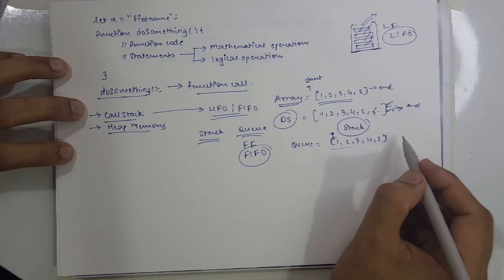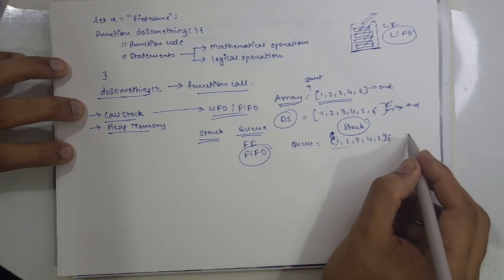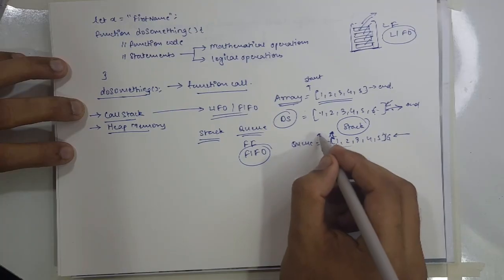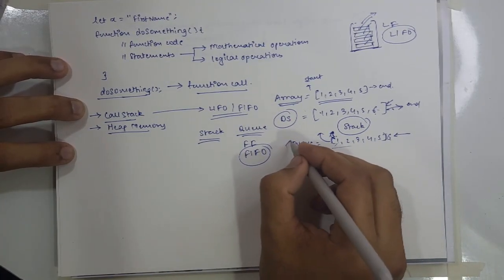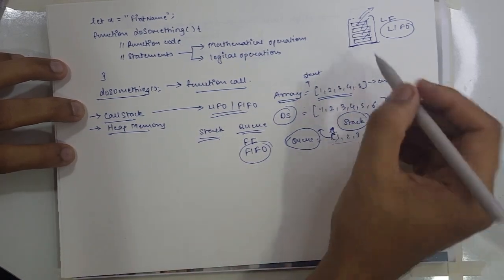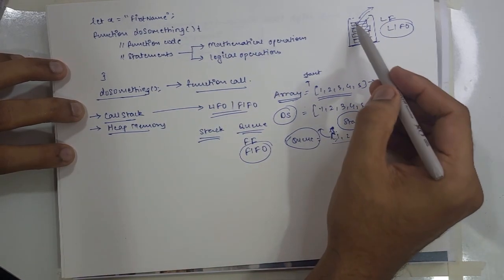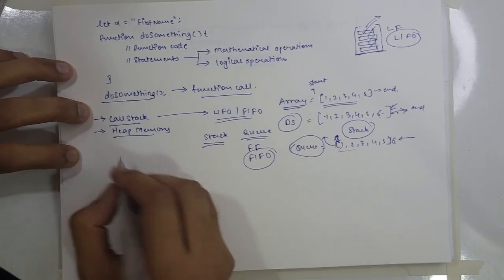Like a new value will come over here, but you can remove the value from the starting position. So values will enter from here and get removed from here. For now, we are not interested in queue. We are just interested in stack. So you understood stack. Stack is last in first out. You add something at the last, that will be removed first. So this is a stack.